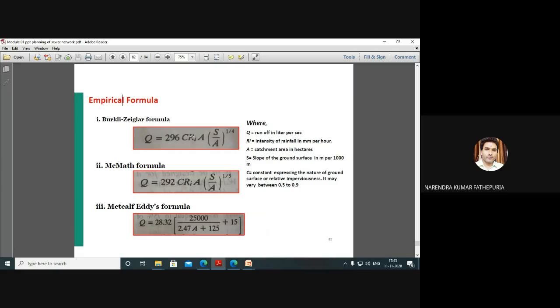It's the slope divided by area, and this R is the rainfall intensity, C is the runoff coefficient, and these values will be the same. Okay. The slope gradient will be given as 1:1,000 like this. C is the coefficient.